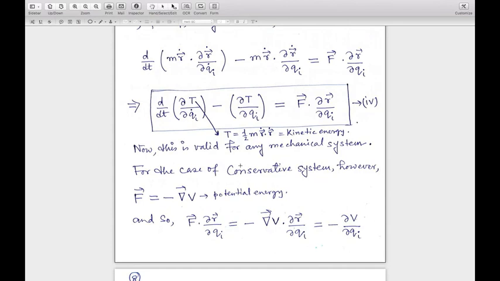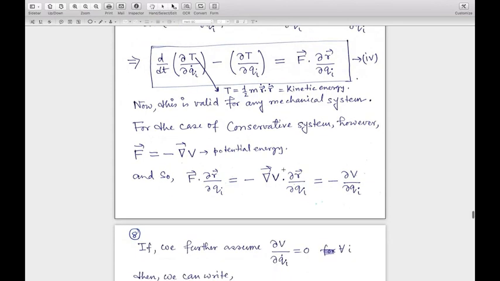That is now taking a very interesting form. Up to this we have not considered any assumption of conservative force. Now for a conservative force, the forcing term will simply be minus gradient of V, from our convention.